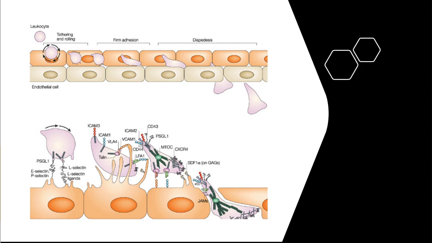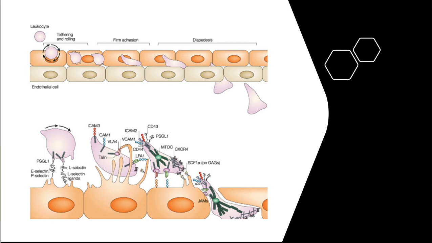Leukocytes express L-selectin at the tips of their microvilli and also express ligands for E- and P-selectins, all of which bind to the complementary molecules on the endothelial cells. These are low affinity interactions with a fast off rate, and they are easily disrupted by the flowing blood.